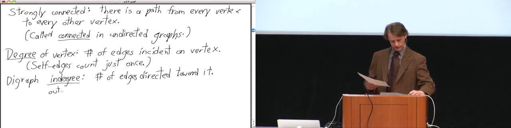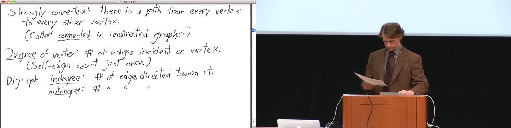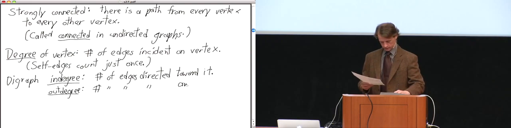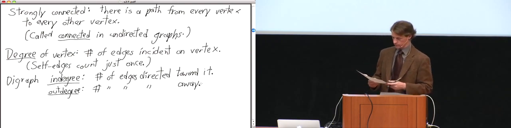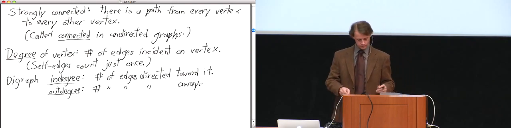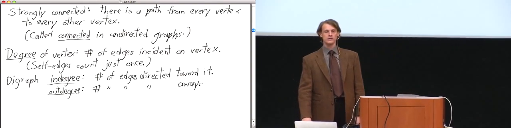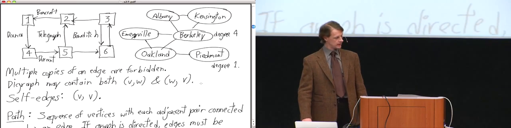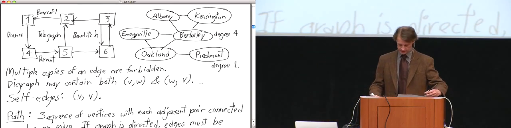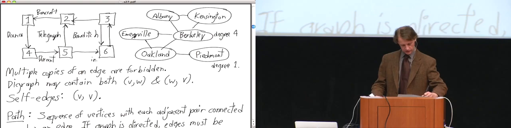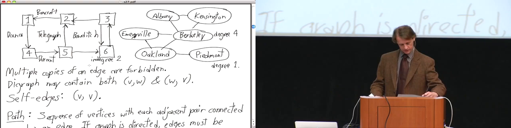And the out degree is the number of edges pointed away. Going back to the street map example, if you look at intersection 6, it has in degree 2, one-way streets going to that intersection, and out degree 1.